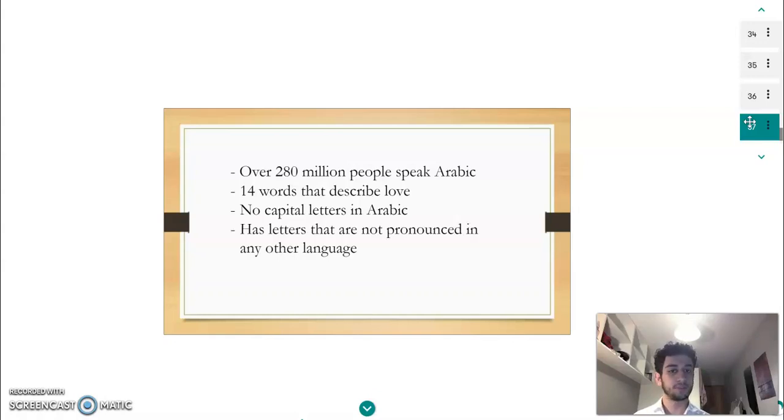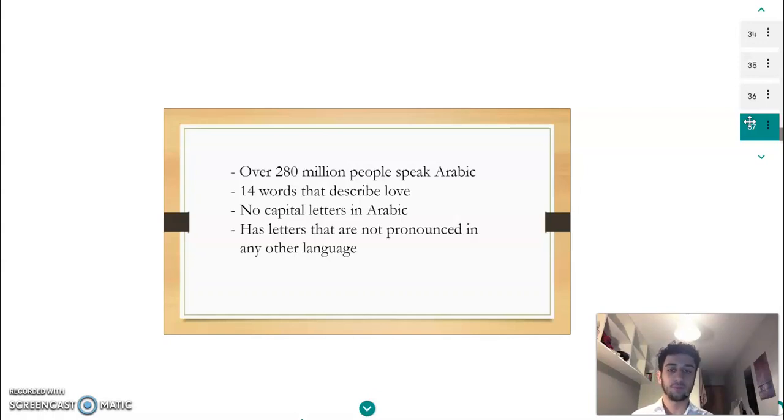And there are really nice things about the language as well. Some of the things that cannot be expressed by other languages could work in the Arabic language. Like the Arabic language has 14 words that describe the word love in different formats and different levels. Something else, the Arabic language does not have capital letters.